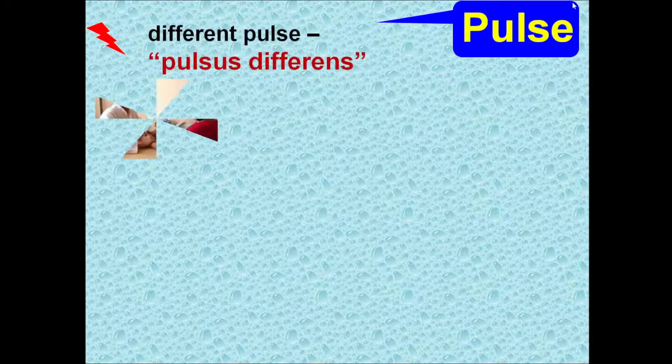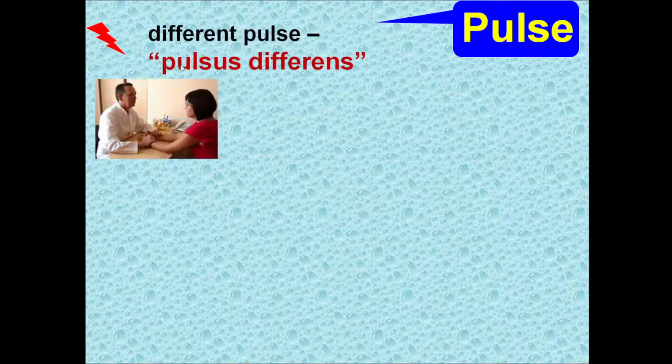Arterial pulse also has specific characteristics, and first of all we can reveal pulsus differens. If you remember, we start examination of the pulse from its symmetry, and the pulse will be asymmetric.